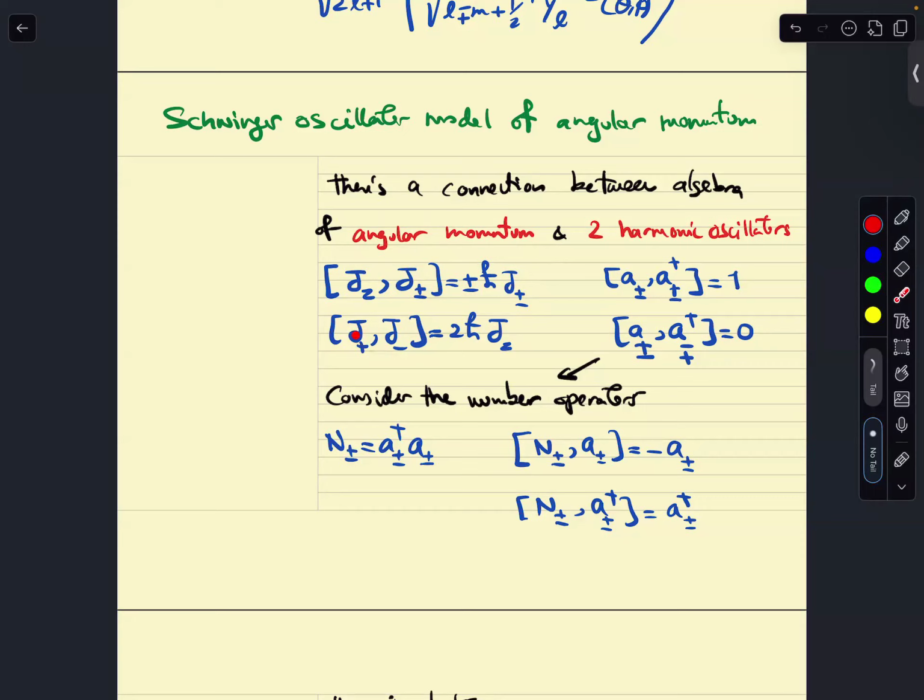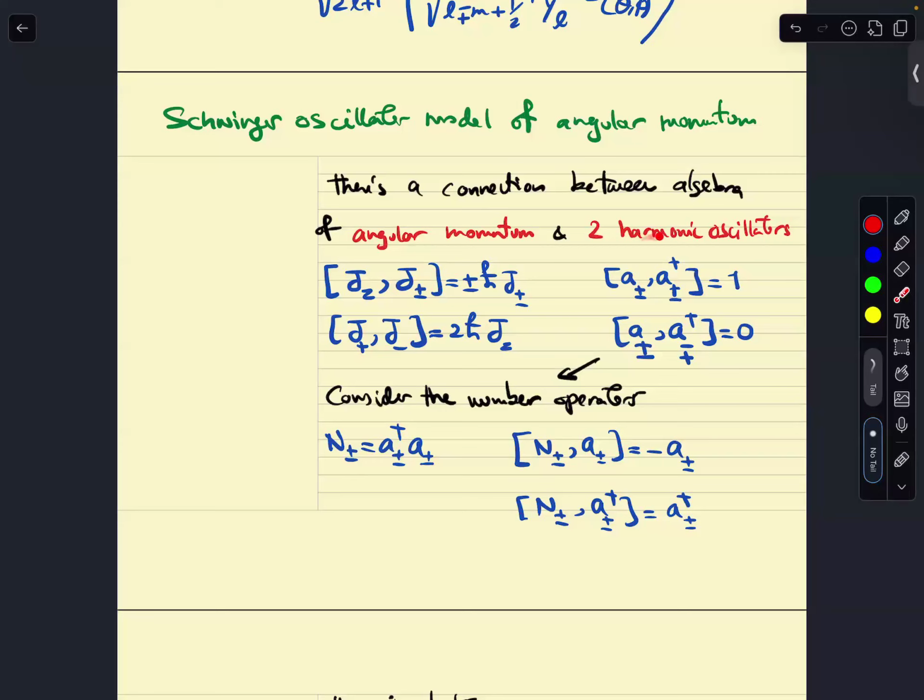The SU(2) algebra tells you that the commutator of J plus and J minus is 2 h bar JZ. We'll go over this, and I will give you an example of how this could simplify things. Then I'll finish with a review of the whole discussion of the angular momentum part of the course. So that's the plan for the day.